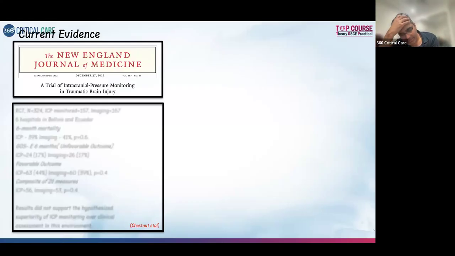Evidence behind it. Interestingly, there are not many randomized controlled trials which have looked at the use of ICP and ICP-directed management and outcome of the patient. There was a landmark trial called the Chestnut trial. It is a North American trial.